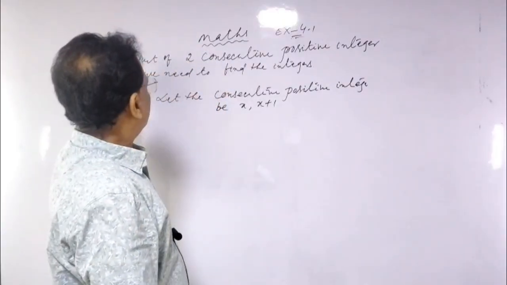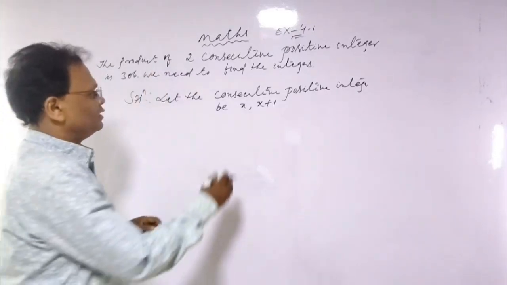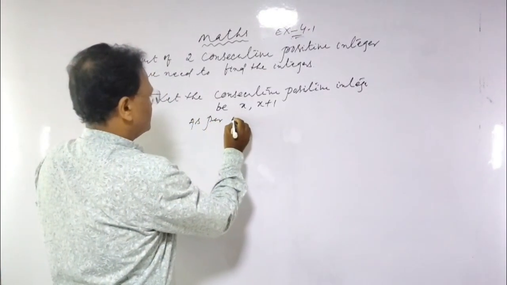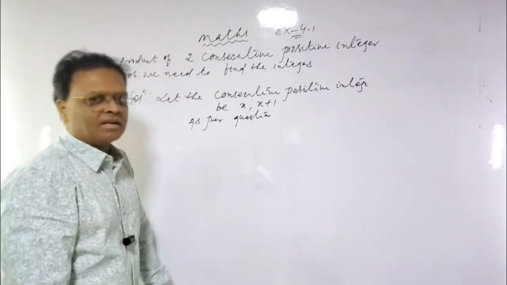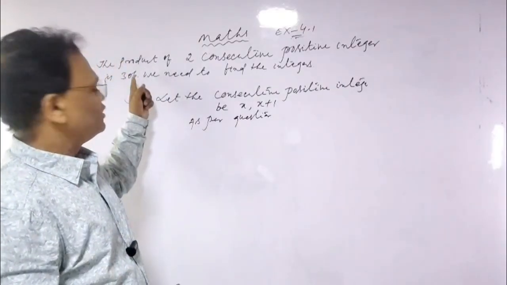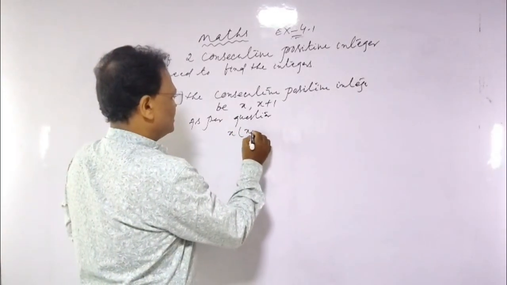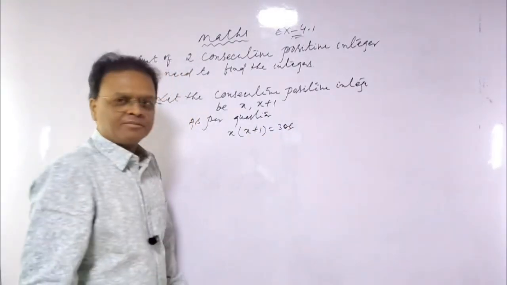But what is given? It's a product. Product means multiplication. So as per the question, the product of these two is 306. Very simple. x times (x plus 1) is equal to 306.